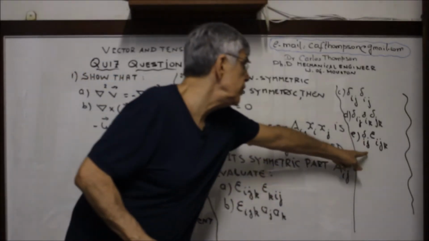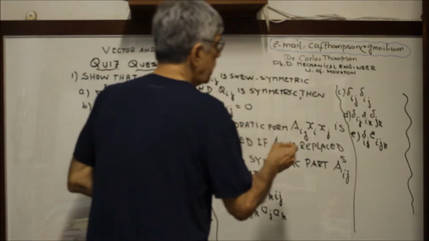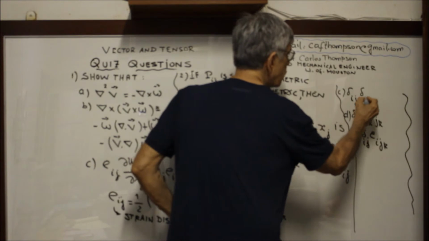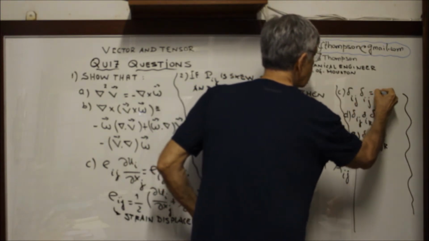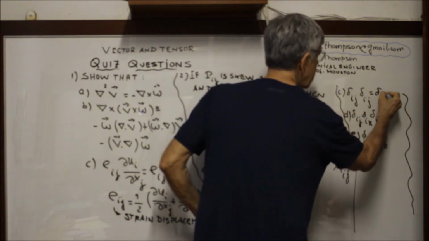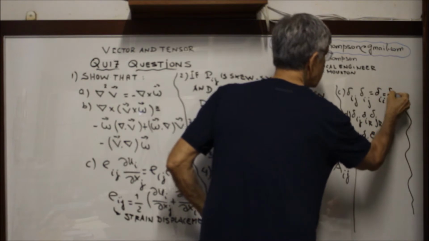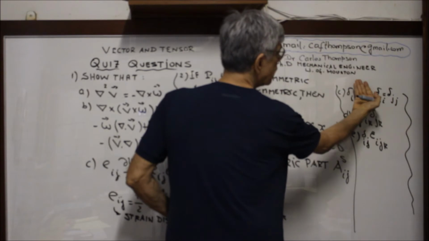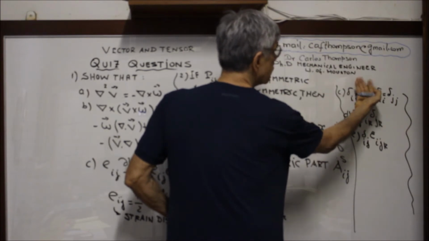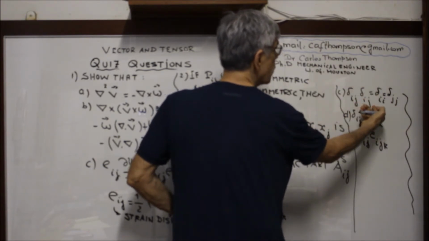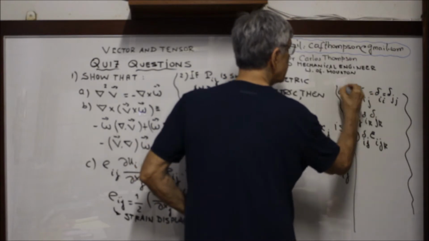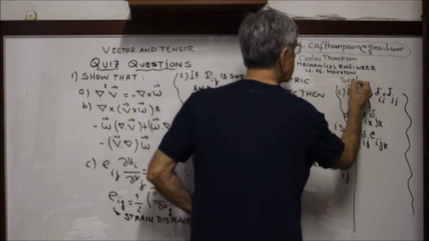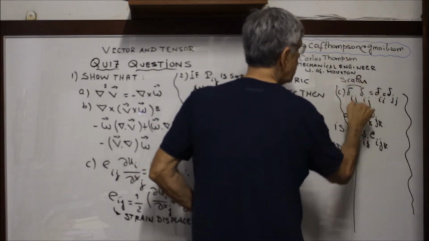Let's start from here. If you remember, delta ij, this is equal to delta ii, which is equal to delta jj. You see, delta ij is a second order tensor, but this is a scalar. Why is it a scalar?